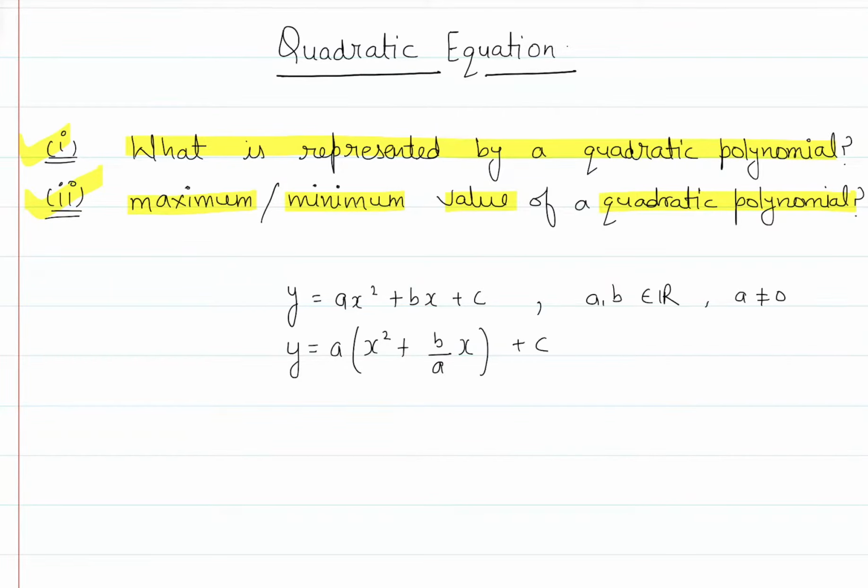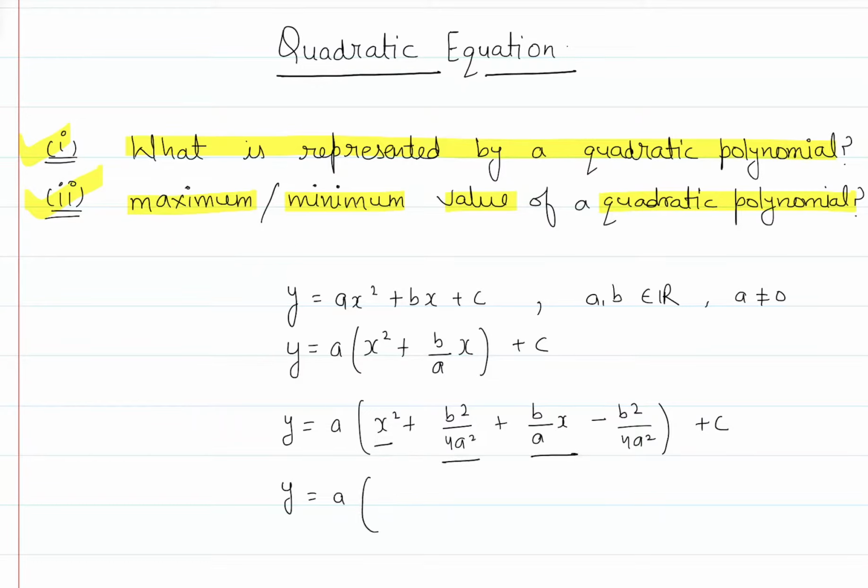Now we add and subtract b square divided by 4a square, we get y is equal to a multiplied by x square plus b divided by a x plus b square divided by 4a square, minus b square divided by 4a square, plus c. We see these three terms make a square.